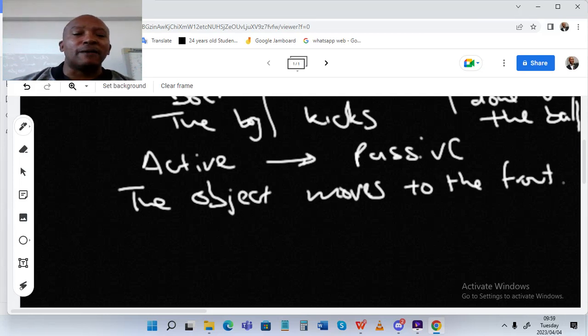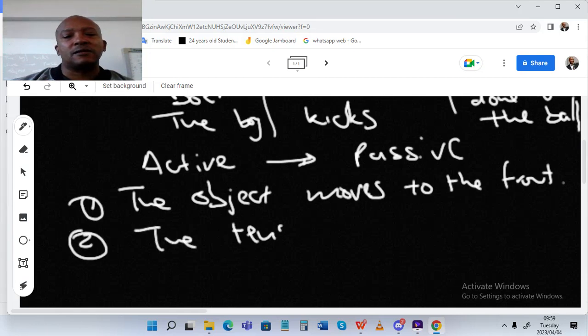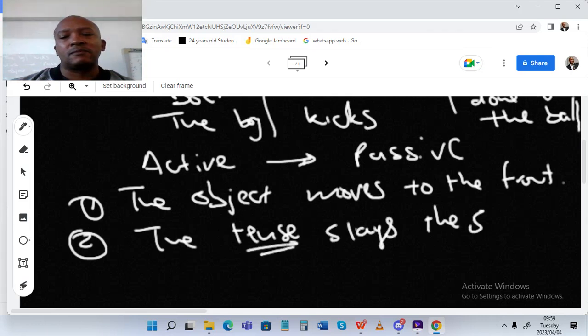Understand the following. Number 2, the tense stays the same. So if it's written in the past tense, you're going to rewrite in the past tense.